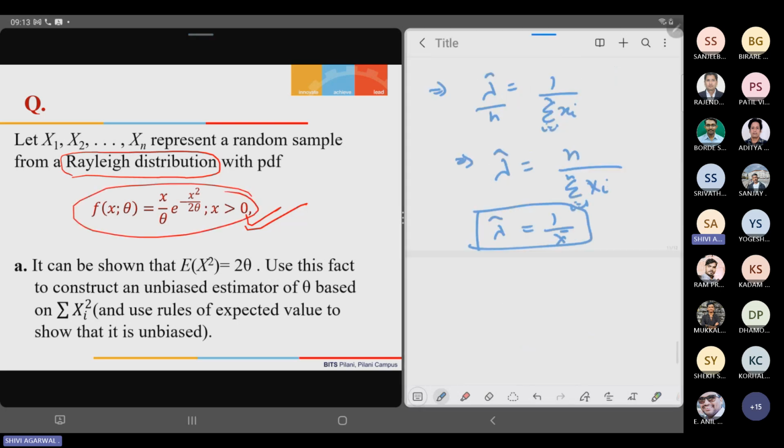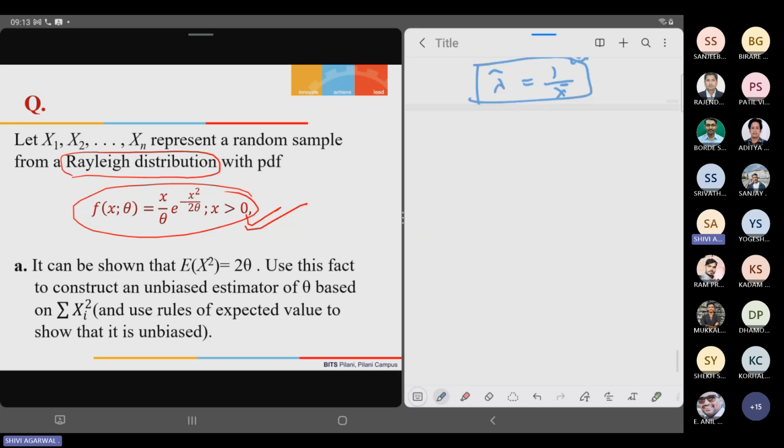So what you will do? You are just doing here the logarithm function. The likelihood function is the product for i equal to 1 to n of xi by theta e to the power minus xi square upon 2 theta. Okay, now we are taking the logarithm of it, firstly we just simplify it.